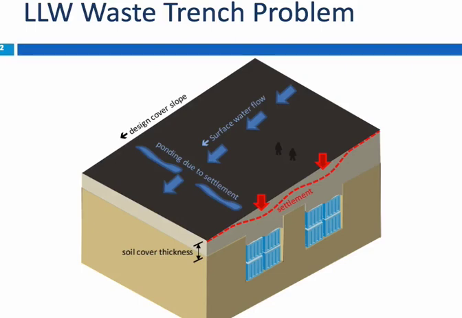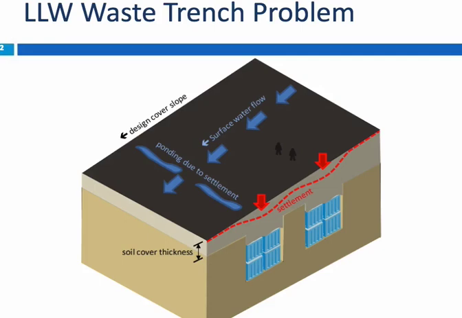This cartoon is showing a modified view of our trenches, now with the containers in place and the cover soil placed on top. As those containers age and potentially collapse under the weight of the cover soil, we're going to see depressions. Those depressions are going to preferentially occur over the places where waste is buried in these trenches, specifically in the discrete locations where we have container collapse.